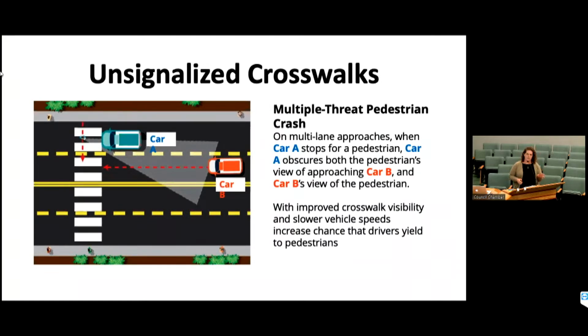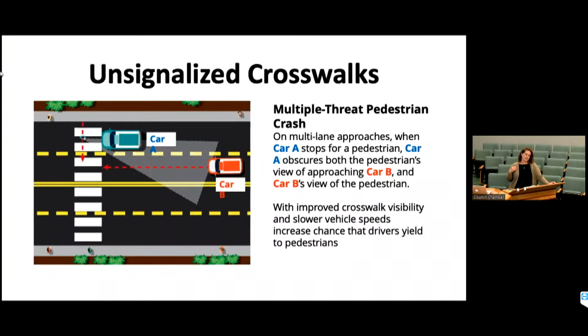So on the graphic on the left, we have car A, which is the one that's curbside. And when you have these really wide roadways, there's a lot of things coming at a driver. They may not be expecting or even notice a pedestrian standing there. But of any car that's going to see it, it's more likely that car A would see the ped.